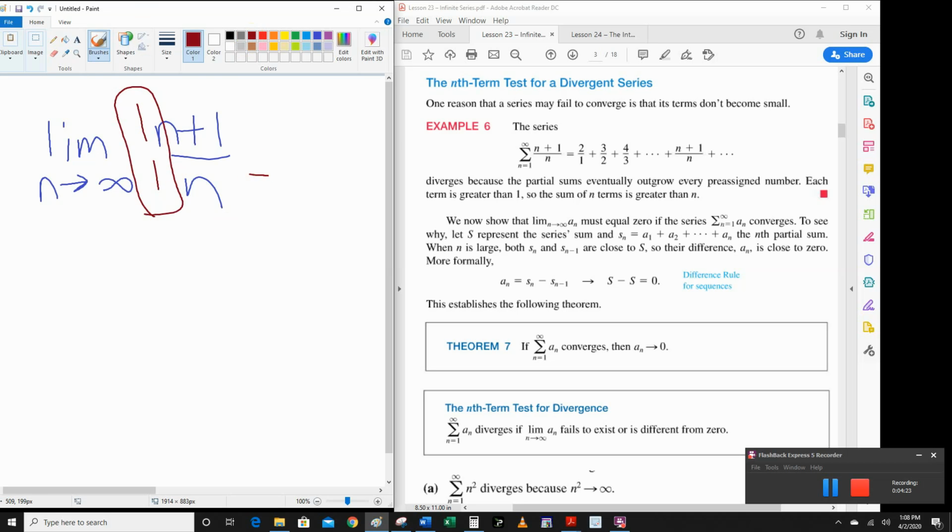So 1 over 1 is equal to 1. And because that is different from 0 according to our nth term test, then that means the series diverges.